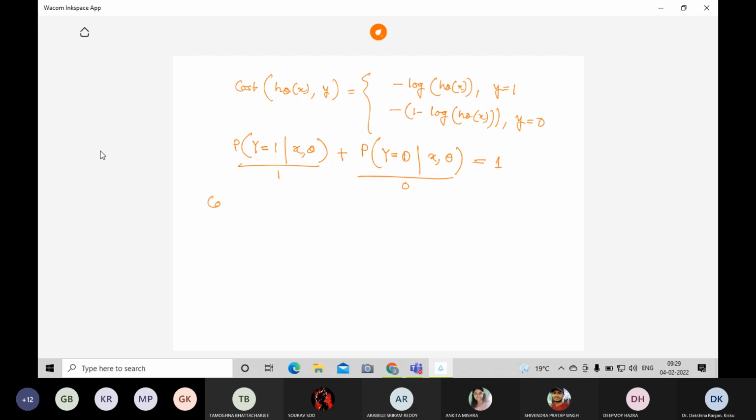Now if we get the cost function for a single data point, we can consider cost of h theta xi, yi, then we can get log of h theta xi plus, also, 1 minus log of h theta xi.